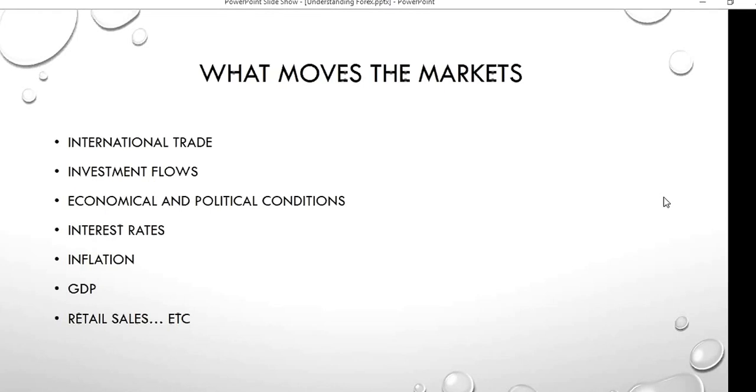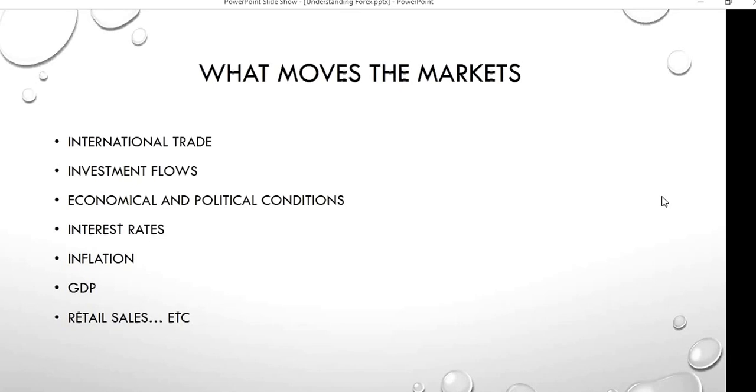So let's discuss what moves the markets. International trades between companies will help move the market. Investment flows. If countries have a very high interest rate, there will be many investors coming into it, which will boost the country's economy, which will in turn boost the country's currency. Economical and political conditions.